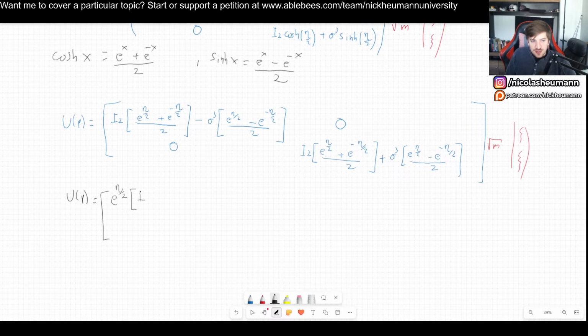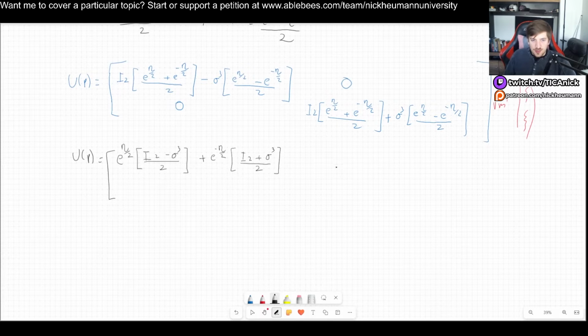So this is I2 minus sigma 3, all of this divided by 2, and then we have plus e to the minus eta over 2 factor of I2 minus minus, so we get plus sigma 3 divided by 2.